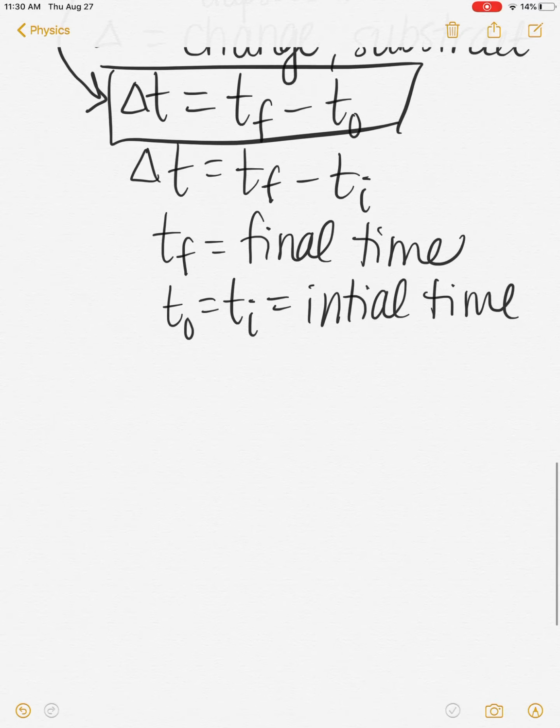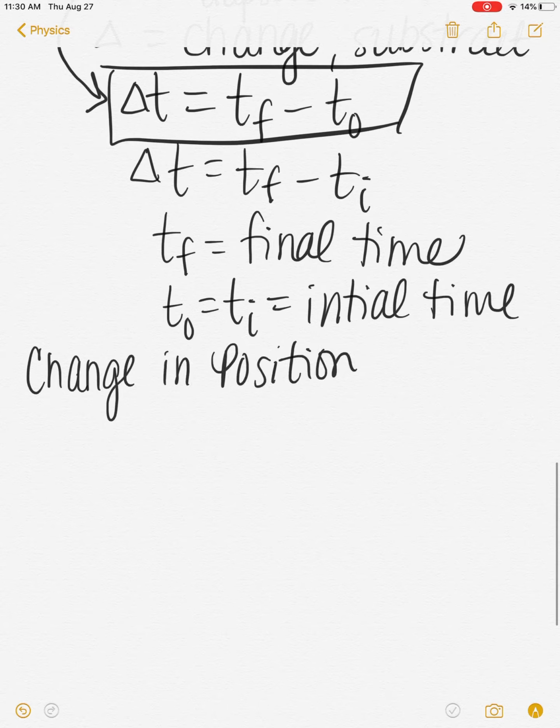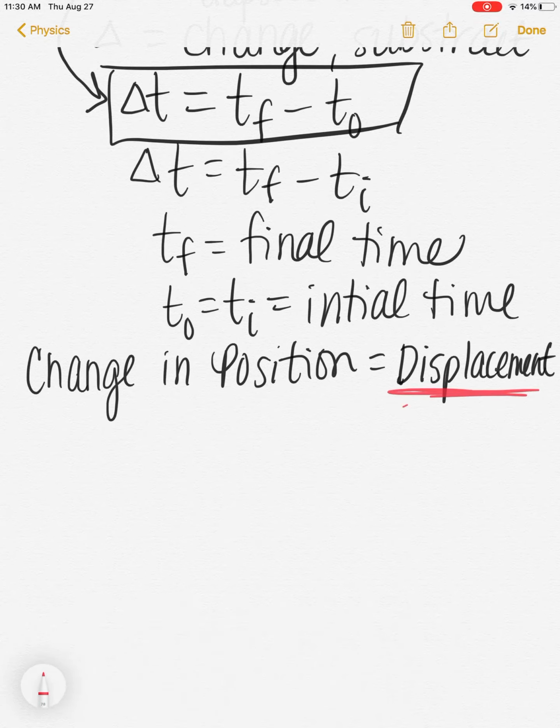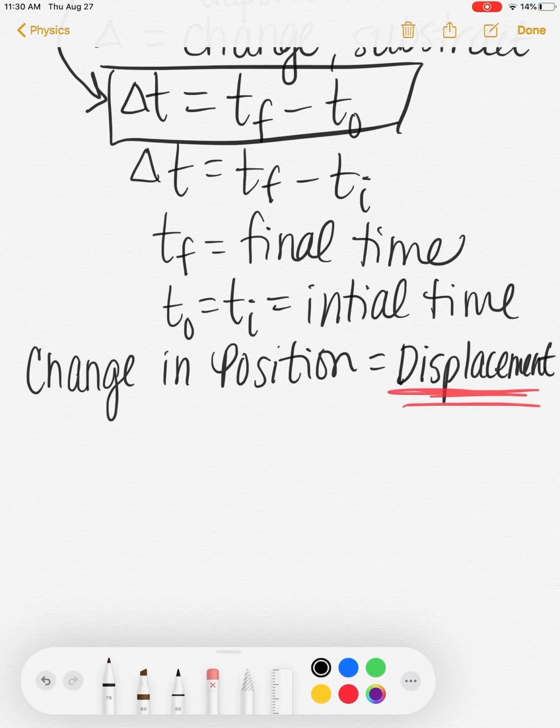So there's not only a change in time, there can be a change in position, because we're talking about motion, moving. So change in position is referred to as displacement, which is a really, really, really important term for us. This is like our first big new physics term that we are going to learn.